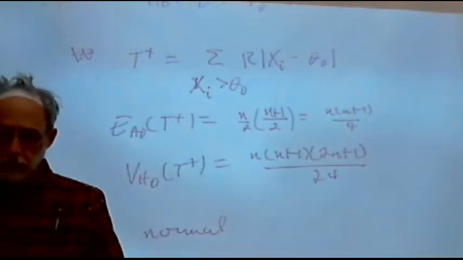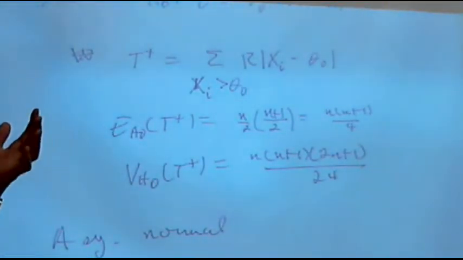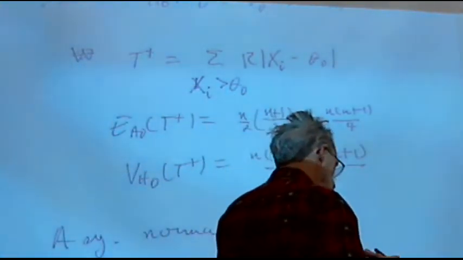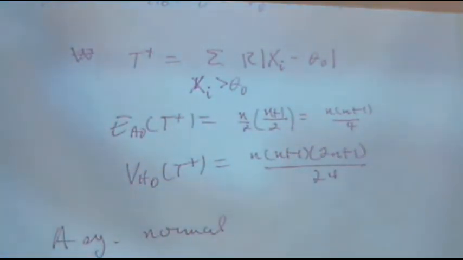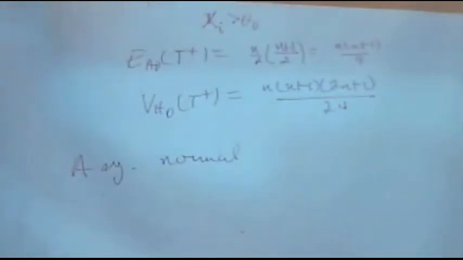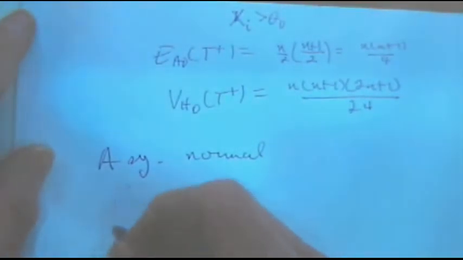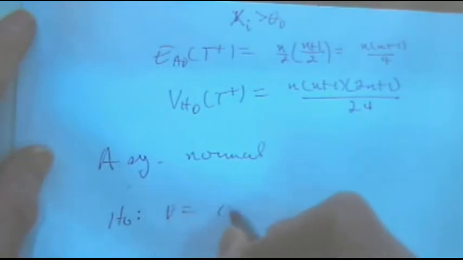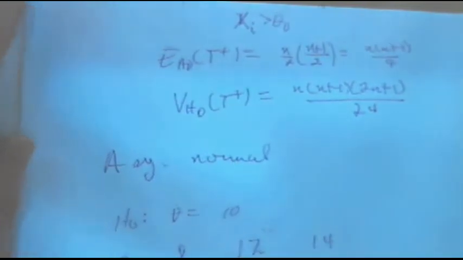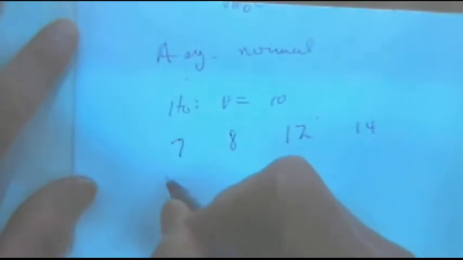If you have ties, you take the average of the ranks, which reduces the variation. You have these observations, and you're testing against 10.